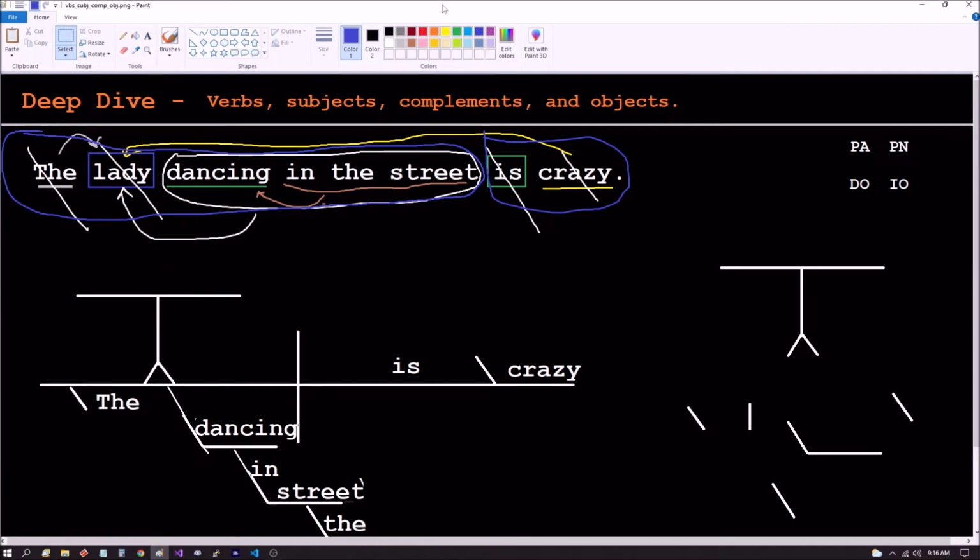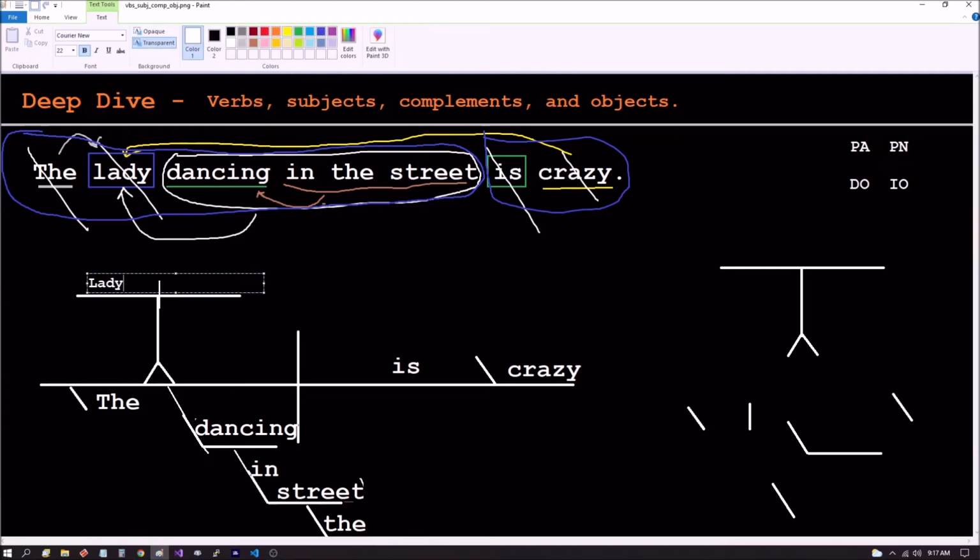And this pedestal would actually have lady and it would have this line again, right? So it would have that vertical line coming all the way through it, and it would have lady and the underneath here. But this time, instead of putting is there, it would have the verb dancing. In the street would be functioning as an adverb modifying dancing.